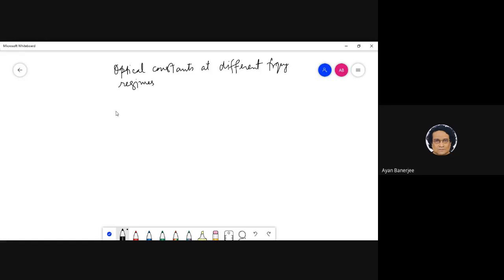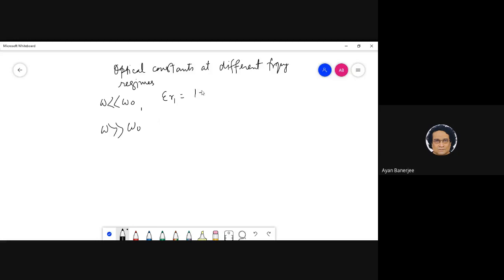So what we are saying is, at omega less than omega 0, and at omega greater than omega 0. Here I'm not going to derive these; I'll ask you to check these out. I'm just going to write down these values.